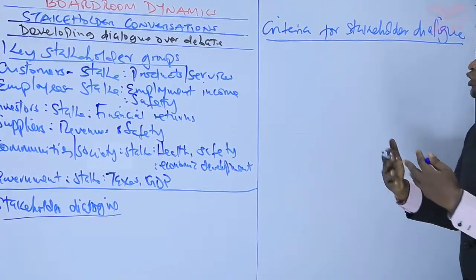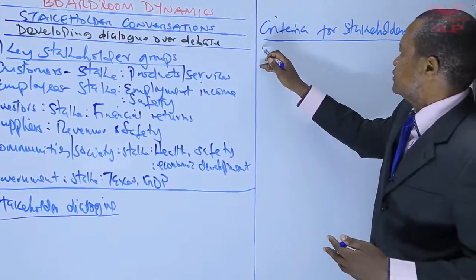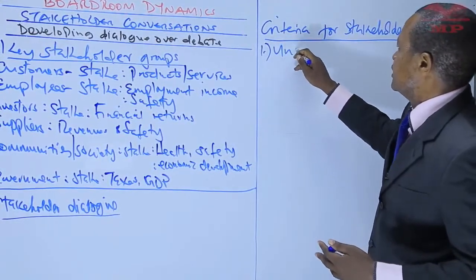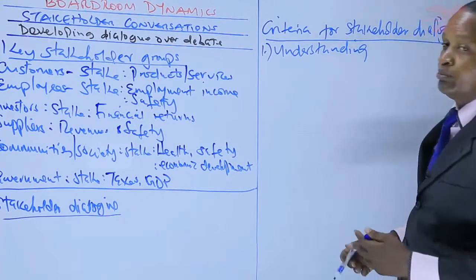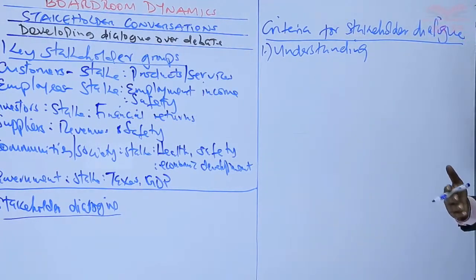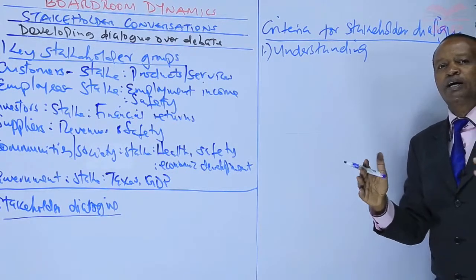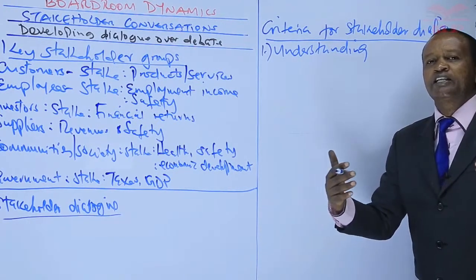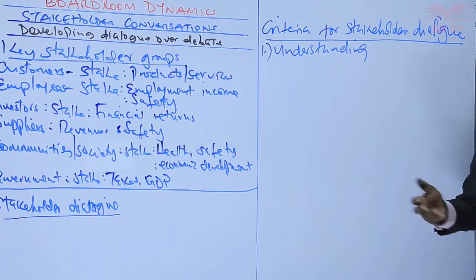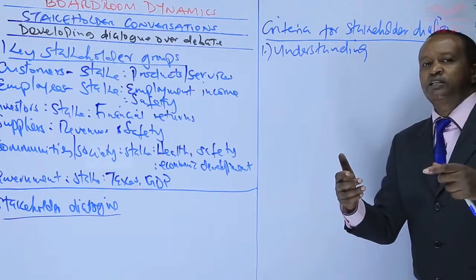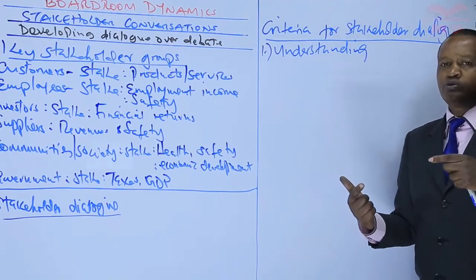The first one is to know and to be understood. Understanding. The parties in a dialogue must know each other and know their common areas of interest. After all, without a discussion partner, there can be no dialogue.